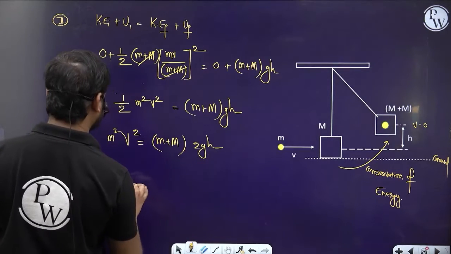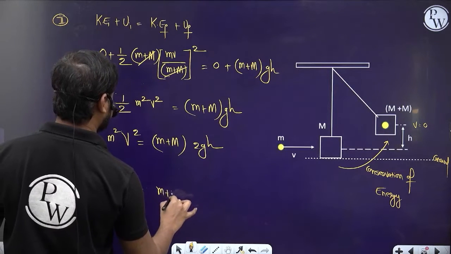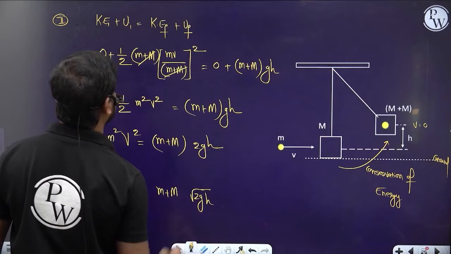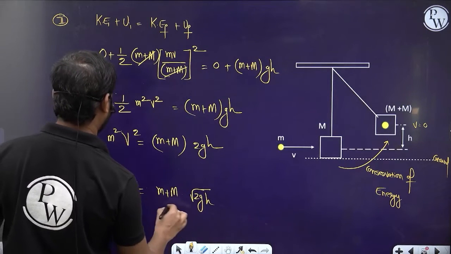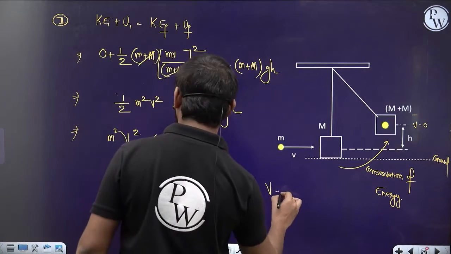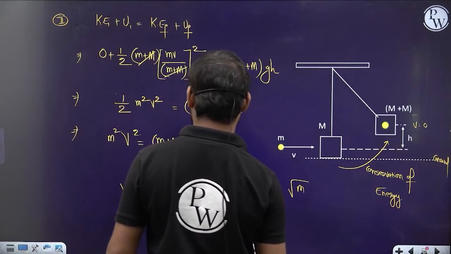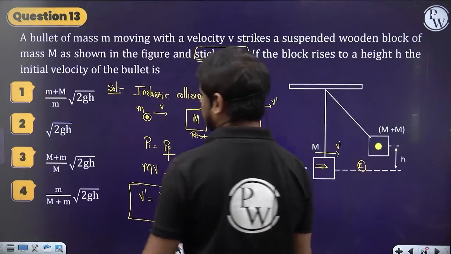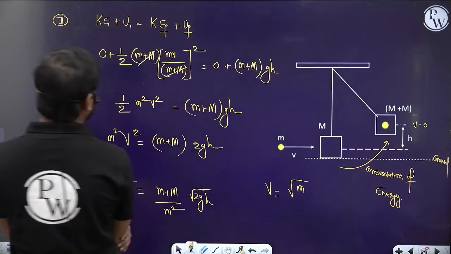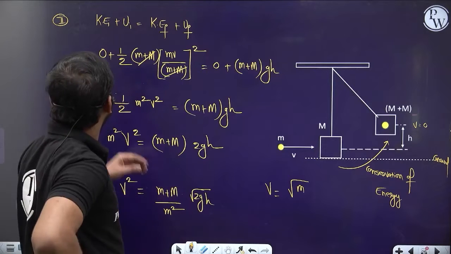Then v square is equal to (M plus m) into root 2gh by m square. So from here the v will be equal to root of, some calculation mistake guys, so check where the calculation mistake went.